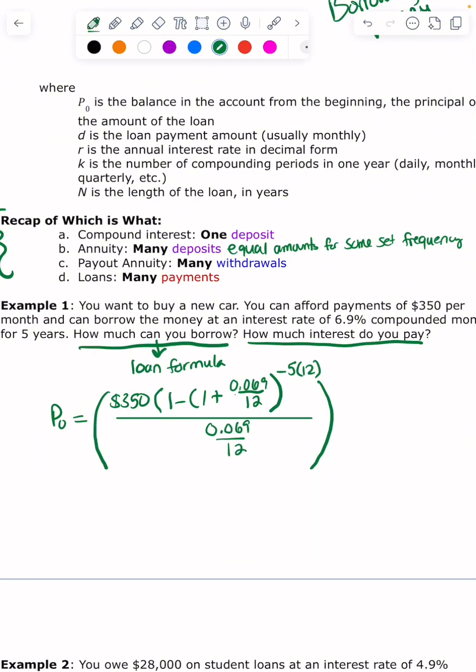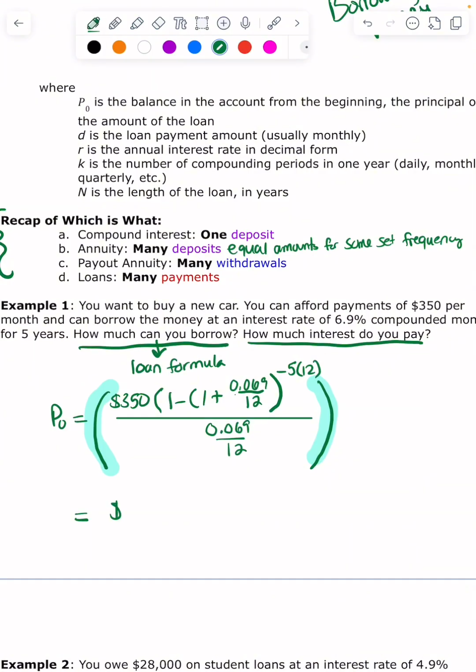You don't really need the big outer parentheses in Desmos, but it doesn't hurt to have them.